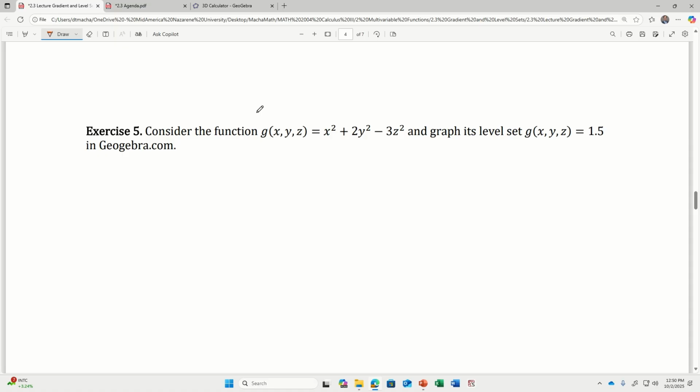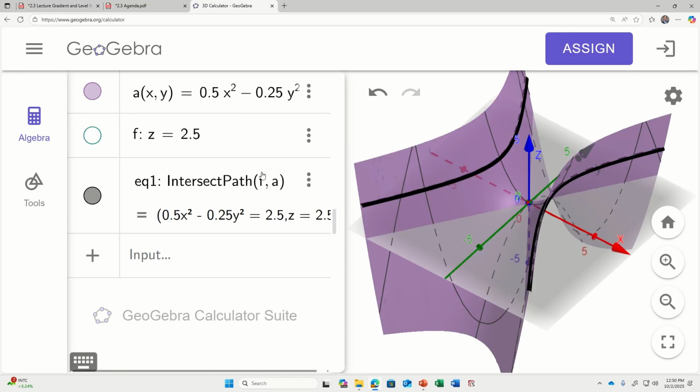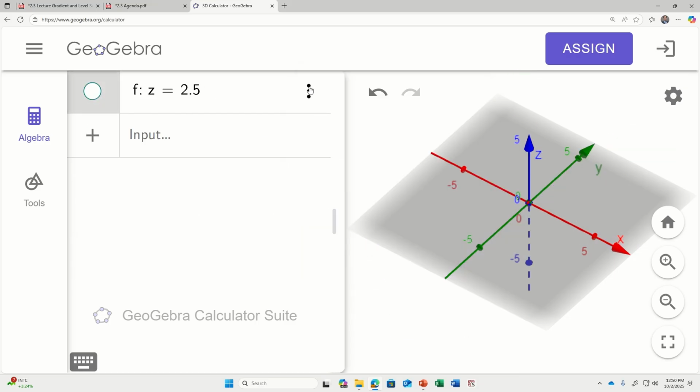And the way to do this in GeoGebra, I think, is just going to be type in x squared plus 2y squared minus 3z squared equals 1.5. And this should give us an implicitly defined surface. That would be the level surface. Let's give this a try.